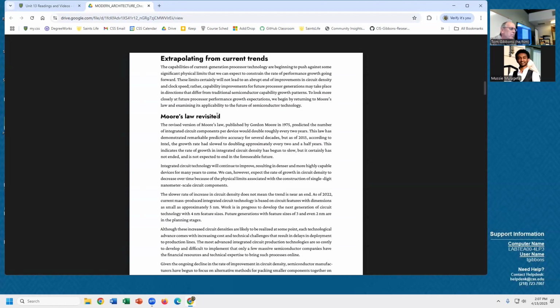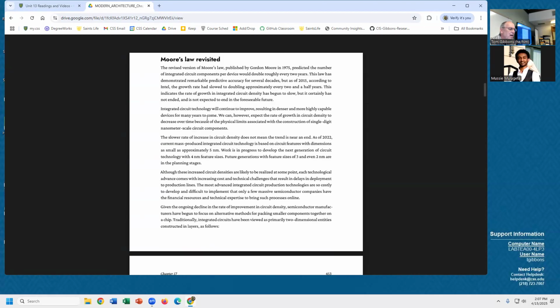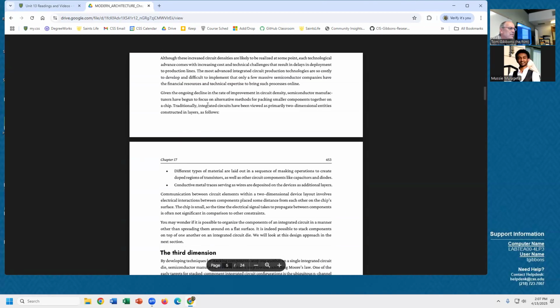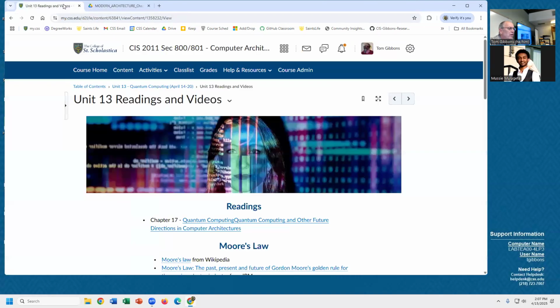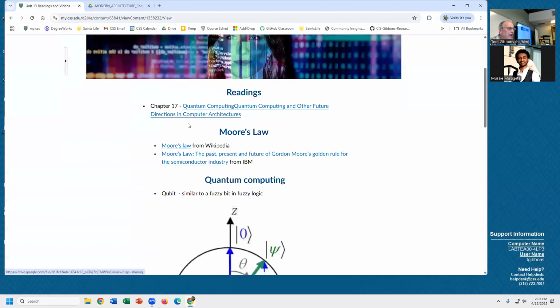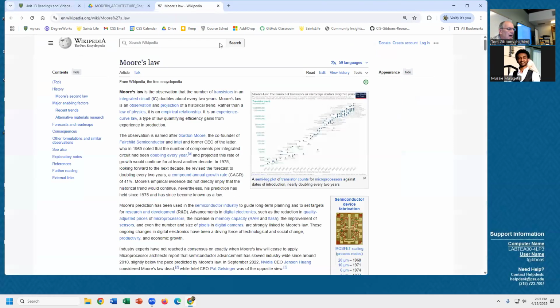One of the things it talks about is Moore's law. And what is Moore's law? I assume most of you have heard of Moore's law before, but let's just review it.